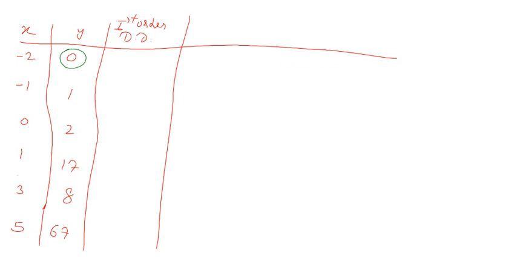Now first order divided differences. For writing the first entry here, you are going to use these two values. So that is going to be 1 minus 0 divided by -1 minus -2, that is equal to 1.